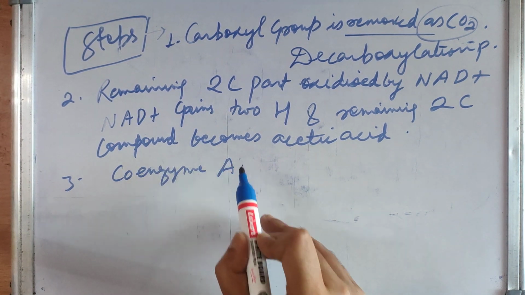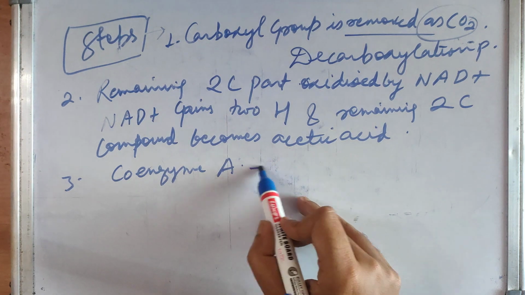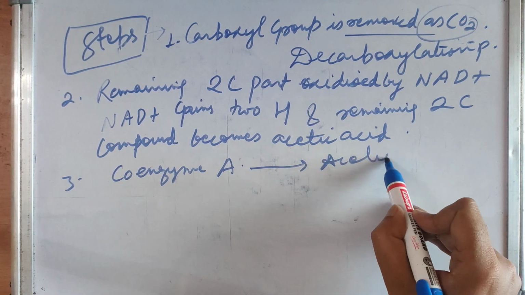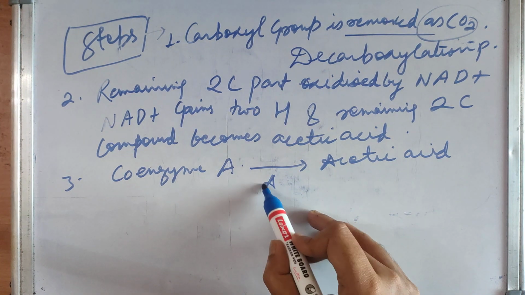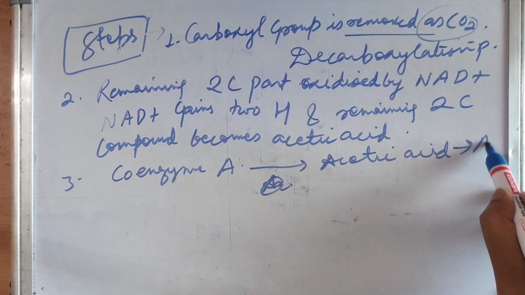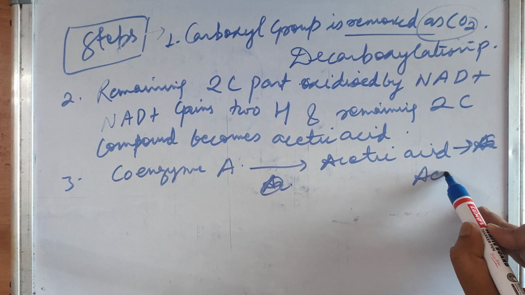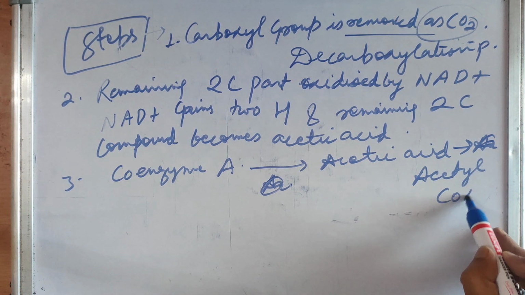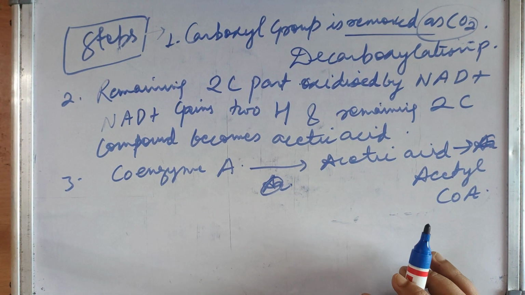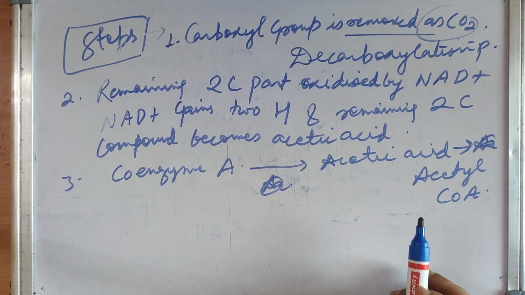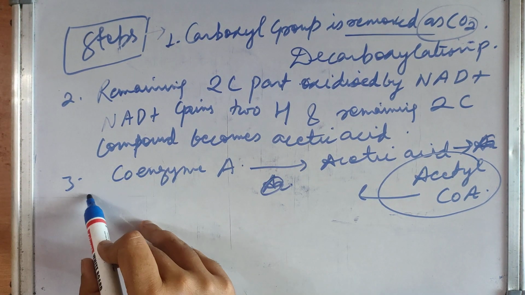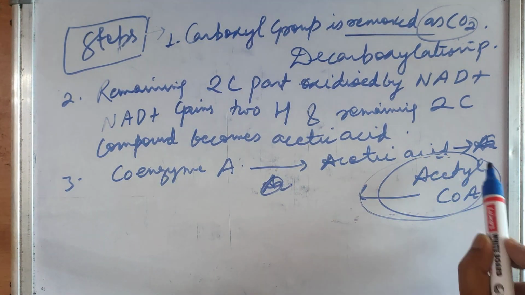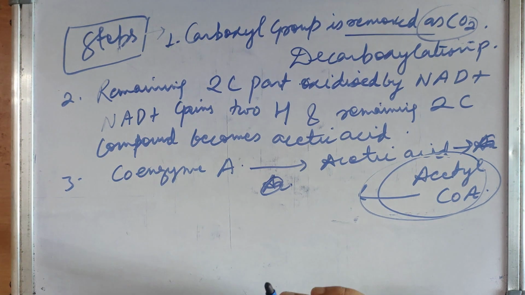Then coenzyme A, that is CoA, attaches to the acetic acid part forming acetyl CoA. This is the molecule needed to continue the Krebs cycle, because in the Krebs cycle first of all pyruvic acid is converted to acetyl CoA, and then the next steps continue.